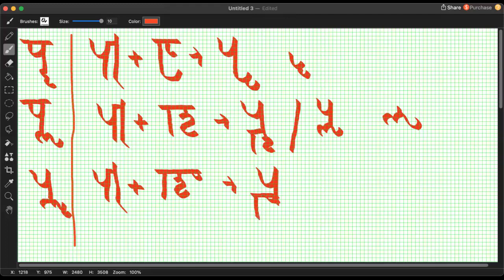It will be on the left part of the alphabet only. Or you can also keep this dr like this, same as that of Devanagari.